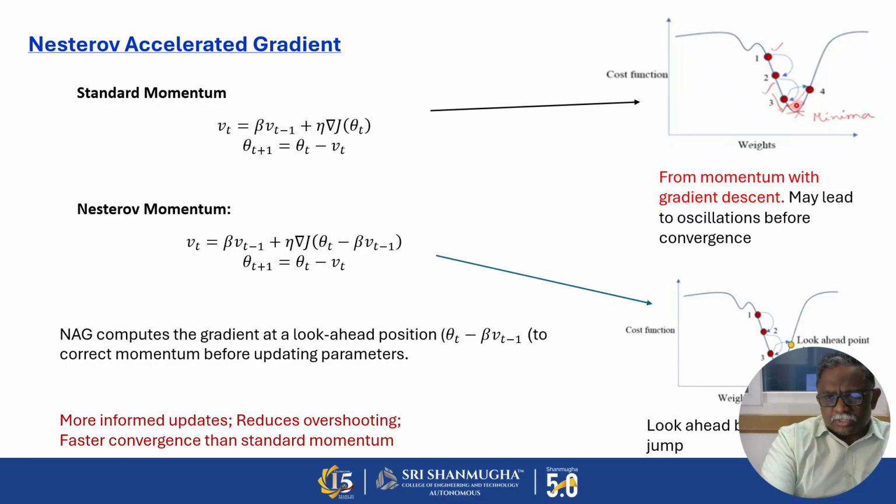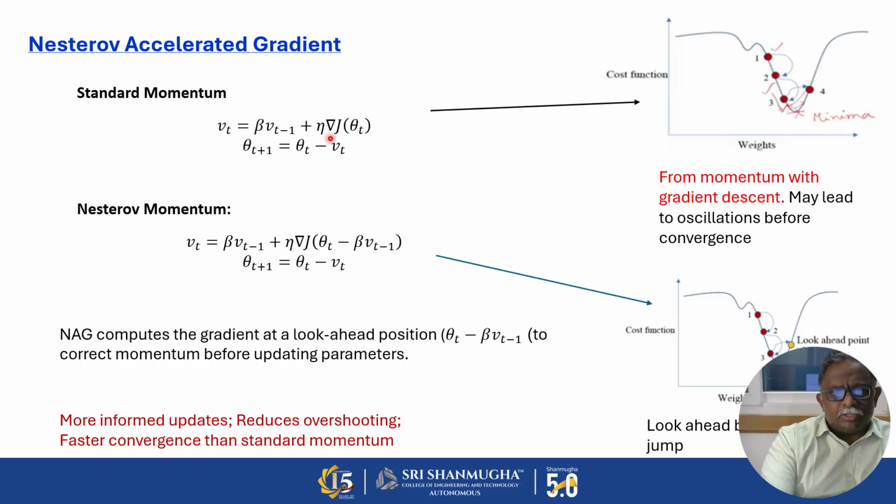In the case of momentum, the gradient is evaluated at the current position. Here it is not the case. Here the gradient is evaluated at the look-ahead position. Okay, so that is the difference between standard momentum and Nesterov momentum, which tries to reduce the oscillations.